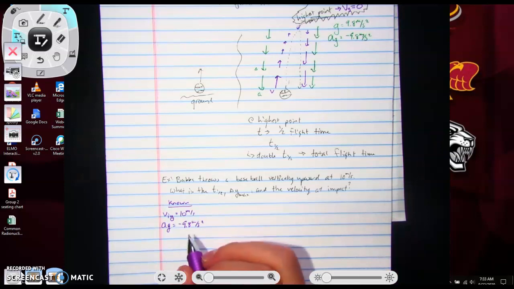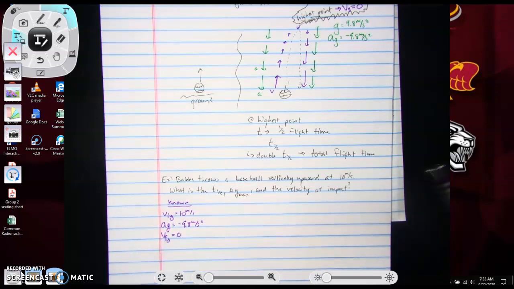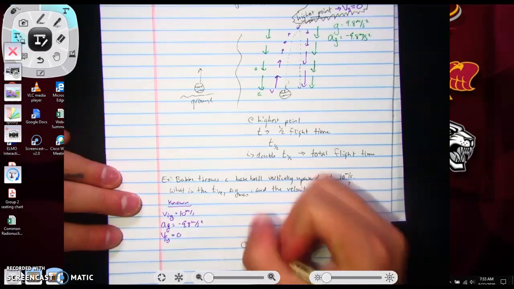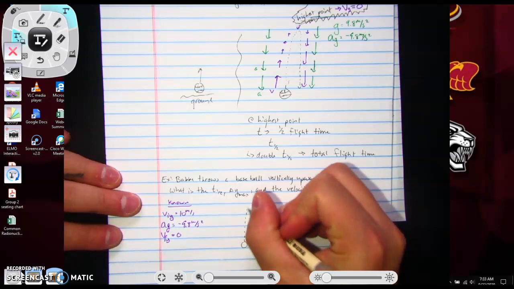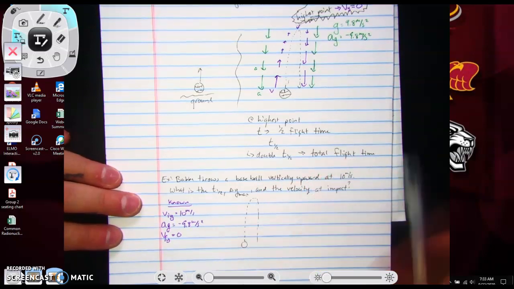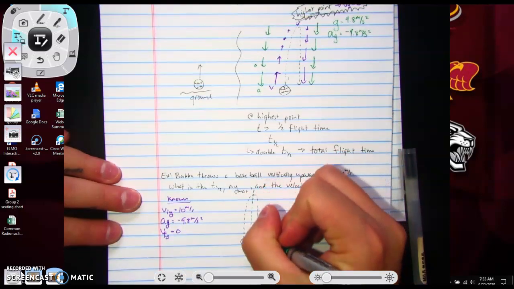Okay. Now, what I can also do is say my v final y is 0. Now, what do I mean by that? Well, I have the ball, I throw it up, it goes up, and then comes back down. What I could do is take this situation and cut it in half.